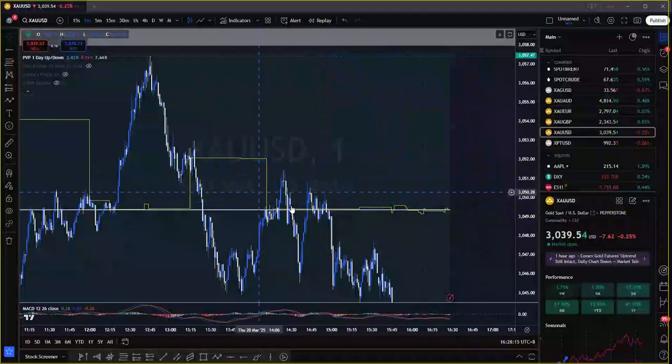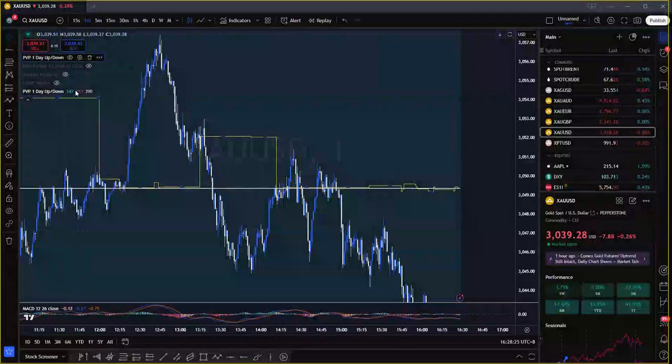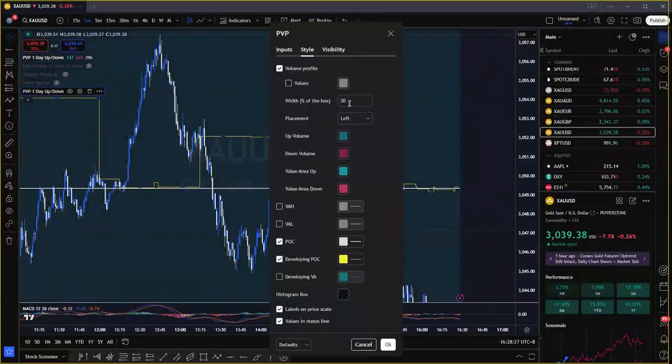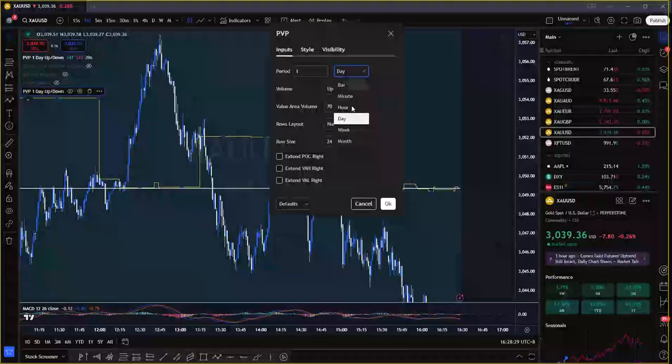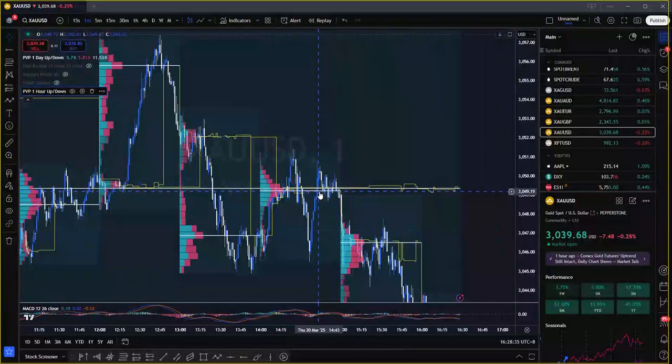So a lot of people will be looking to buy at this level, but because this is not at the absolute bottom, and if you look at the hourly, same thing, you just need more to have a confluence of volume and price.